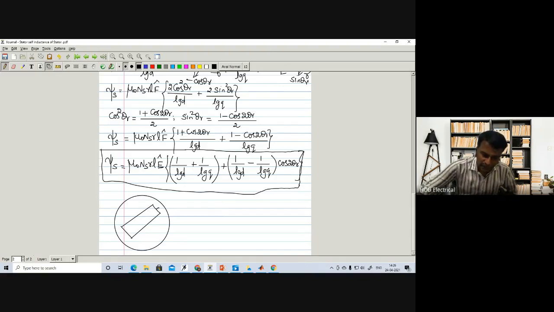This is our small air gap, which we have noted as LGD, and this is our large air gap, which we can take as LGQ. As the stator is excited, current is entering here and leaving here.